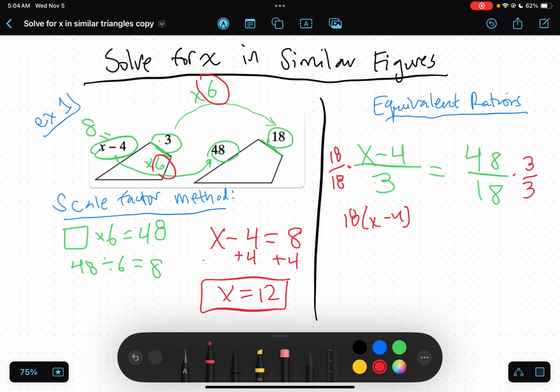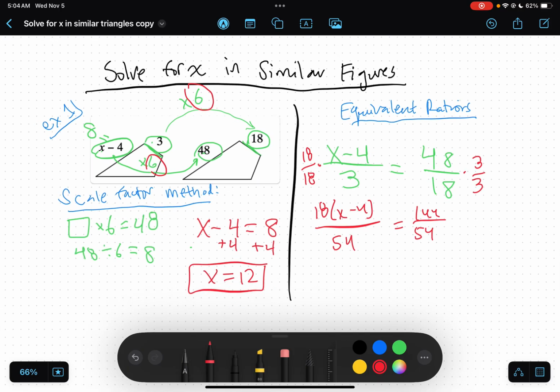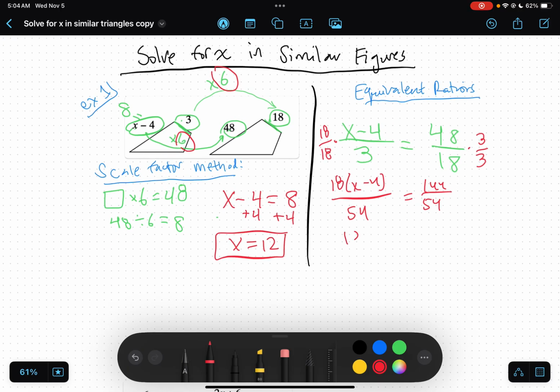So 18 times x minus 4 divided by 54 equals, I think that's 144. Let's see, 48 times 3, 144. Great. 144 over 54. And so then I have 18x minus 72 over 54 equals 144 over 54.